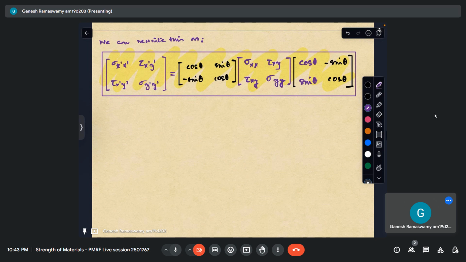So just to see how the expanded form looks, I'll just cross multiply this and open up the brackets.